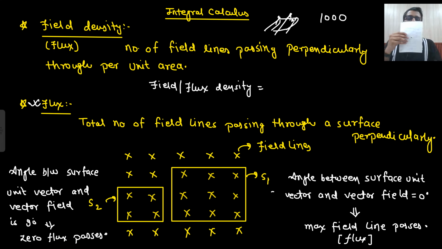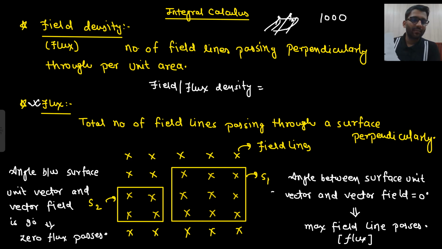In this situation, this was the direction of field line. And what was the direction of surface? The direction of surface is perpendicular to the surface area. So this was the surface area. The direction of surface was this. This was the direction of field line as well.